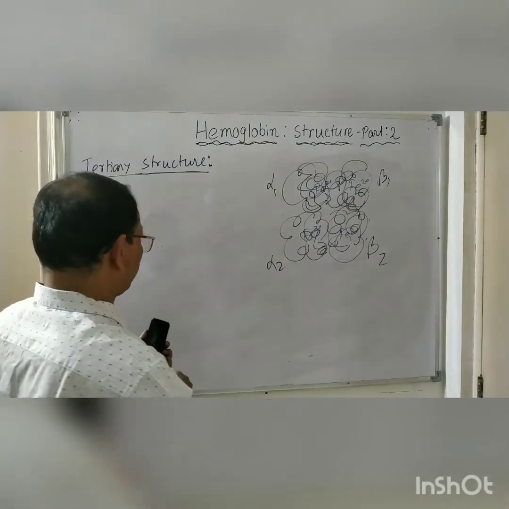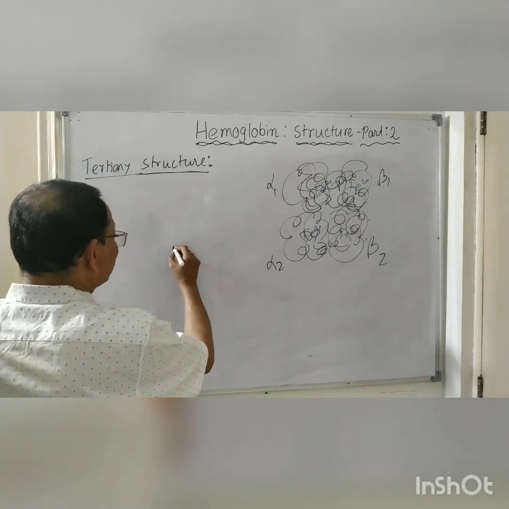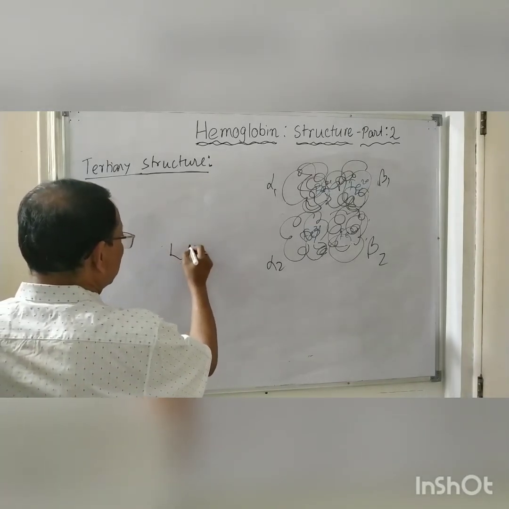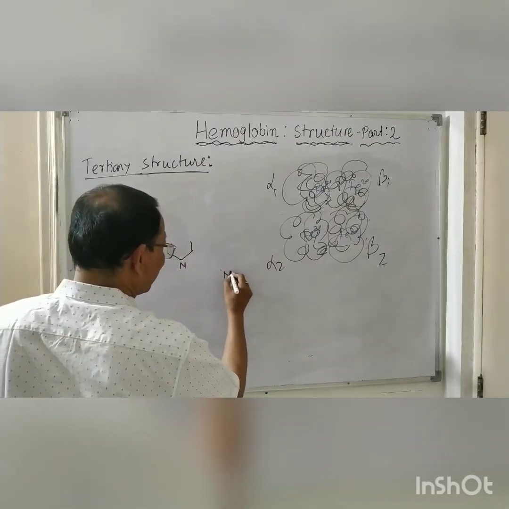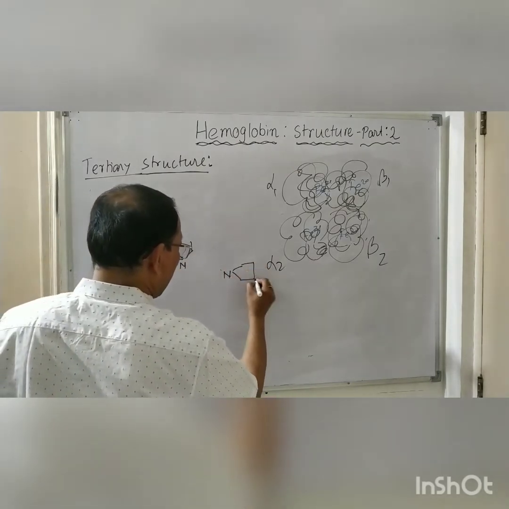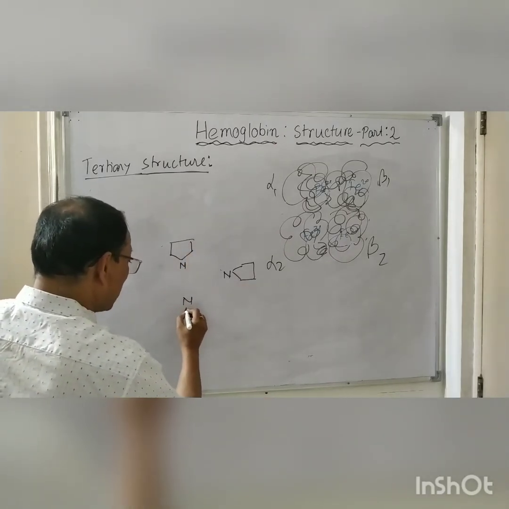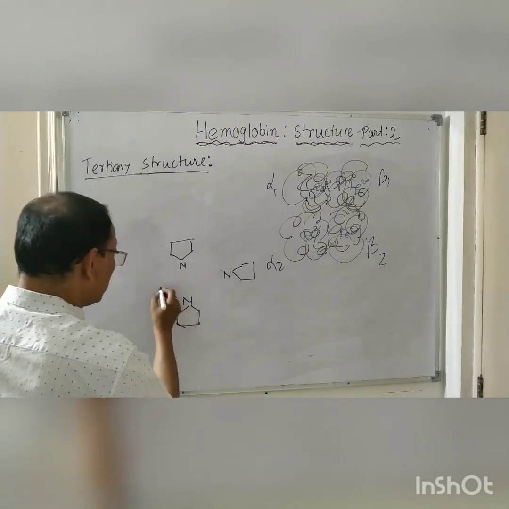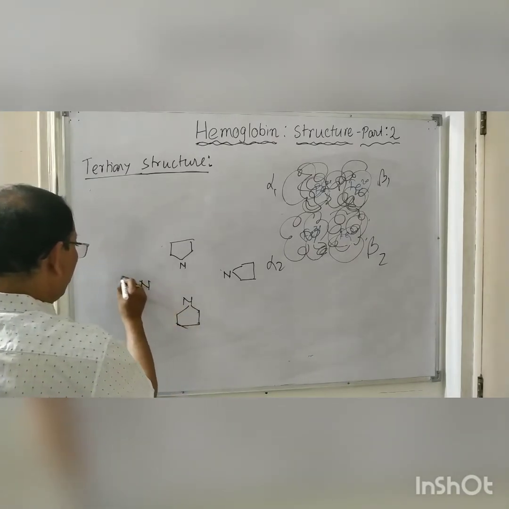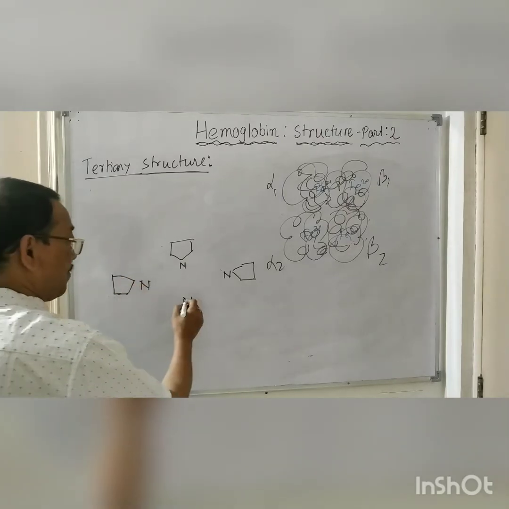Here you see, suppose this is one pyrrole ring, another pyrrole ring, third pyrrole ring, fourth pyrrole ring. These are the four pyrrole rings.